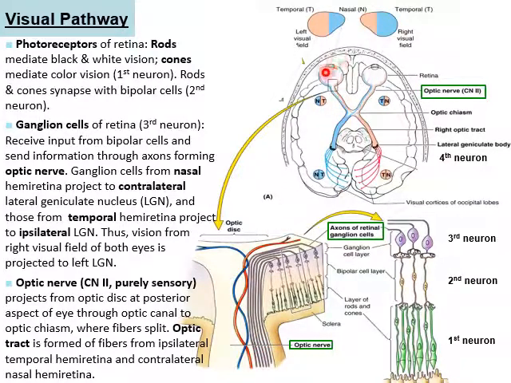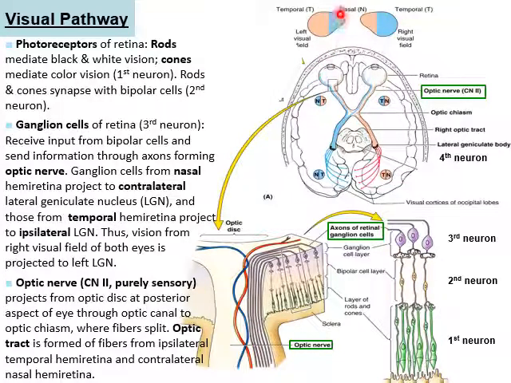Please look again at this picture. You'll see that the retina has 2 colors here. The colors reflect the part of the visual field that is seen by the retina. You know that the light waves run in straight lines. They don't bend. So what is seen from the nasal part of the visual field is sensed or received by the temporal part of the retina.